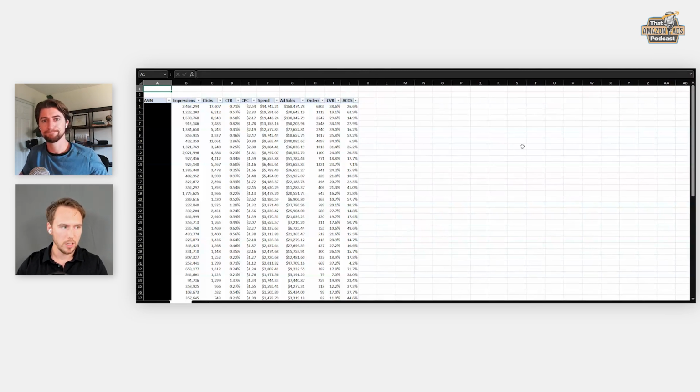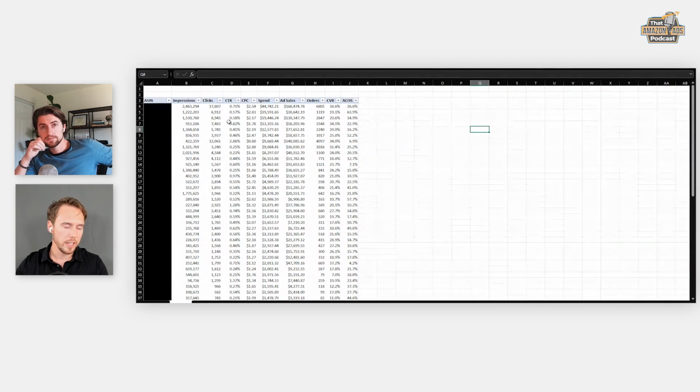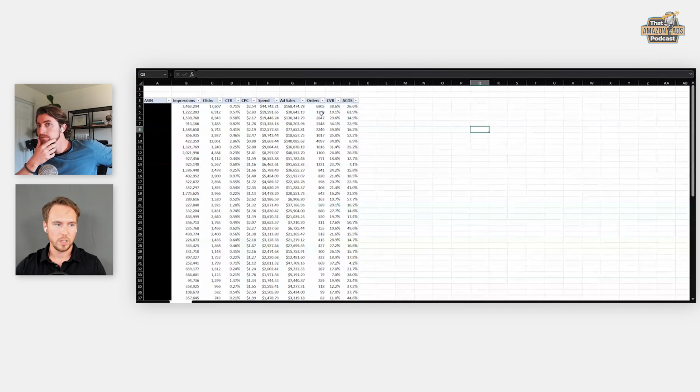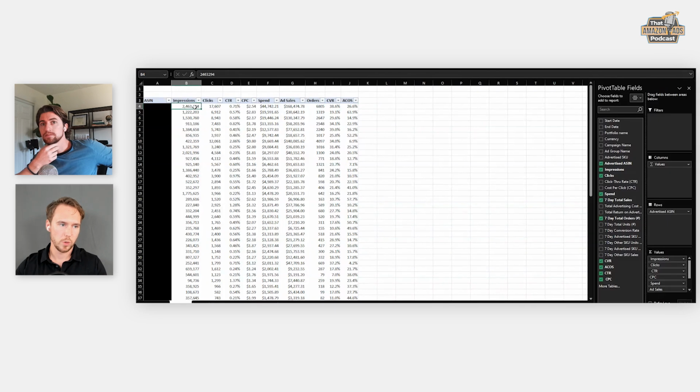So for our first column A, we have ASIN, and then going across, we have all the different metrics that we'd be interested in looking at for each product. We can look at impressions, clicks, and so on. We can see everything we need, and every single one of these rows represents an individual product.